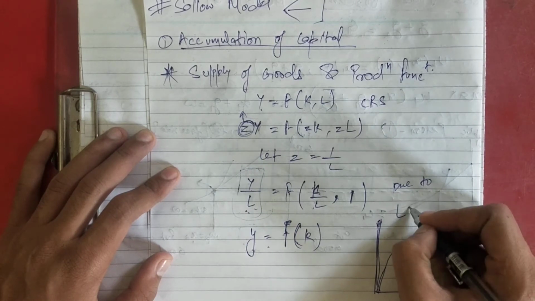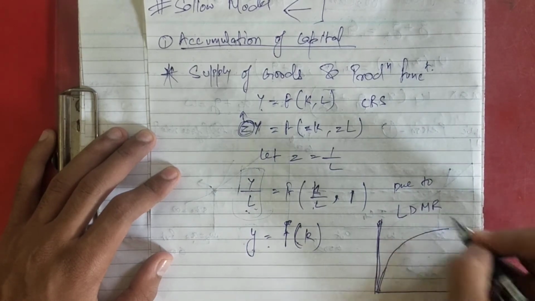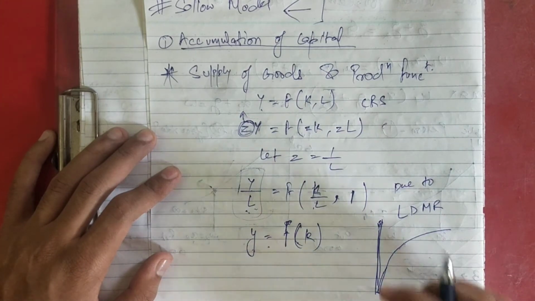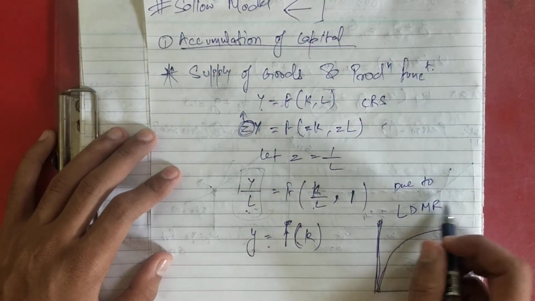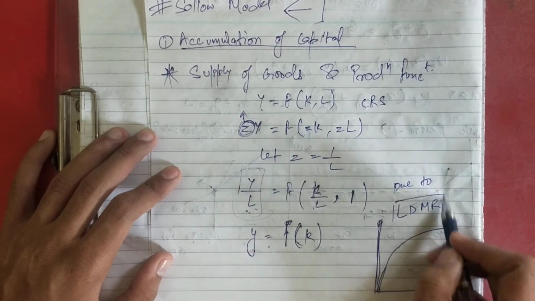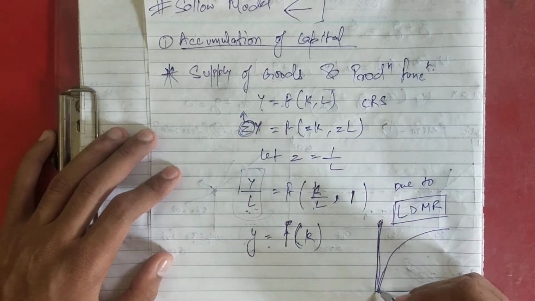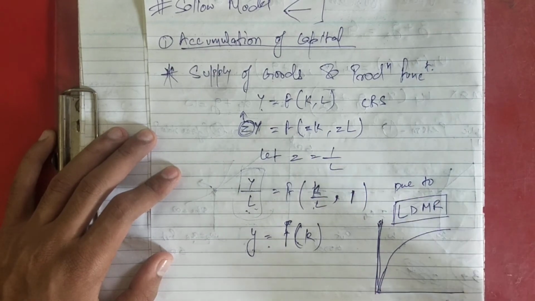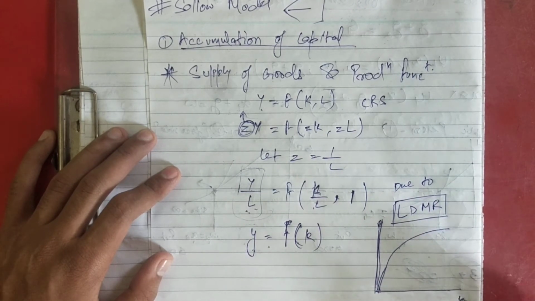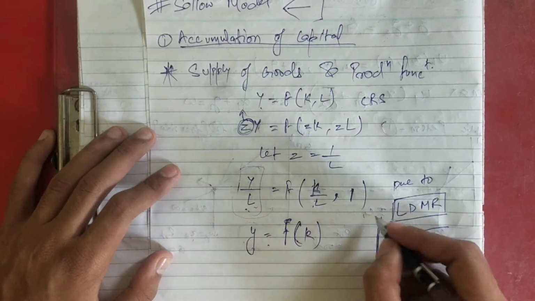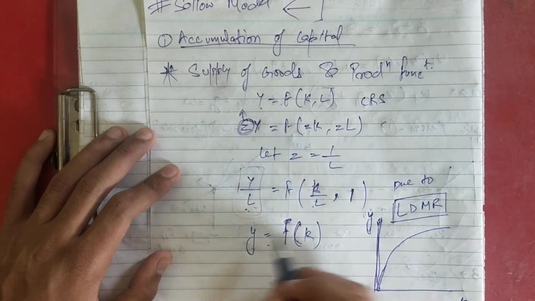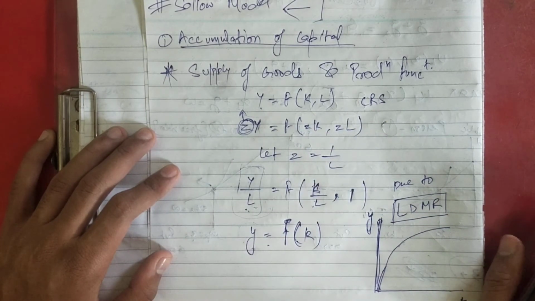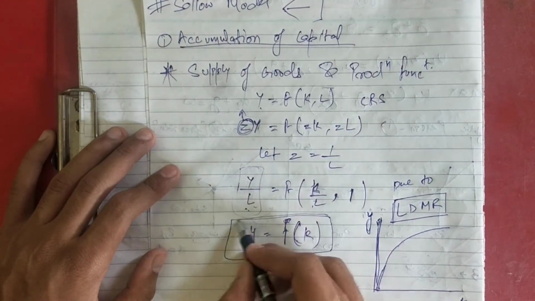Sorry, I may have said law of variable proportion before, but it is the law of diminishing marginal returns, due to which the production function gets flatter as capital per worker increases. Here it will be small k, capital per worker, and here output per worker, that is small y.